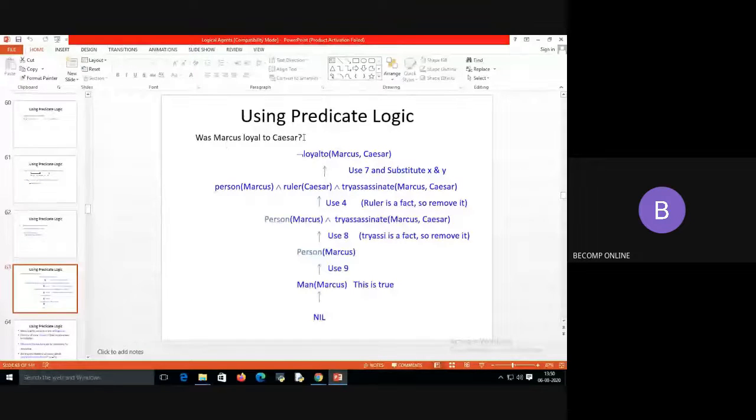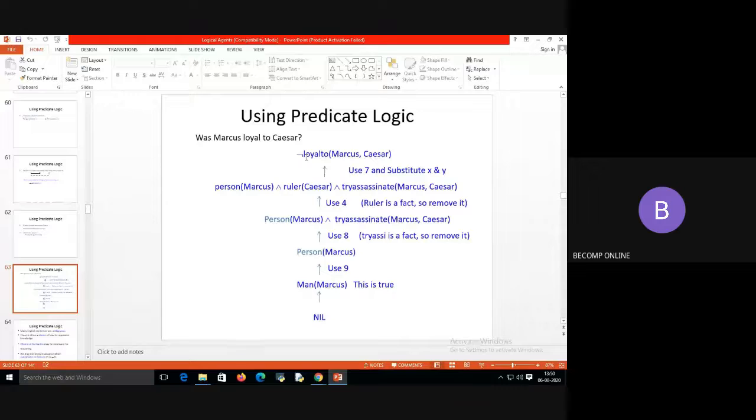But since I am not sure whether Marcus was loyal to Caesar, and in predicate logic, backward reasoning begins with one basic concept: whenever I begin the proof, I begin it with a negation. So I have loyal to Marcus, Caesar, and I negate it. So I begin the proof with a negation.